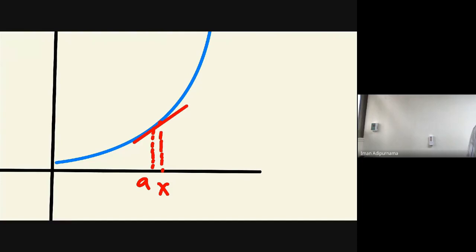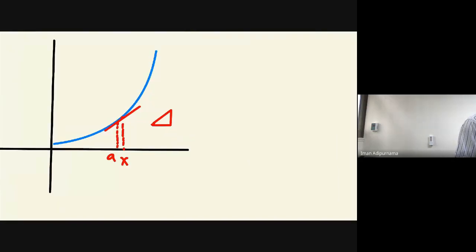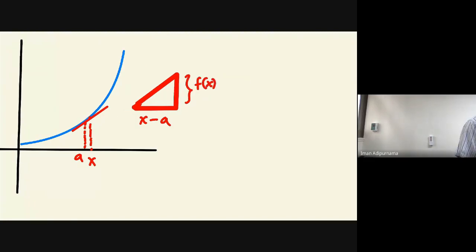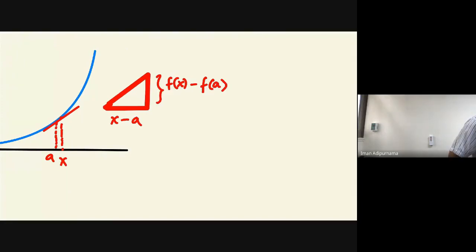So let me draw. Let's say this is x minus a, right? Let's make it bigger. So this is x minus a, and this is f(x) minus f(a), right?